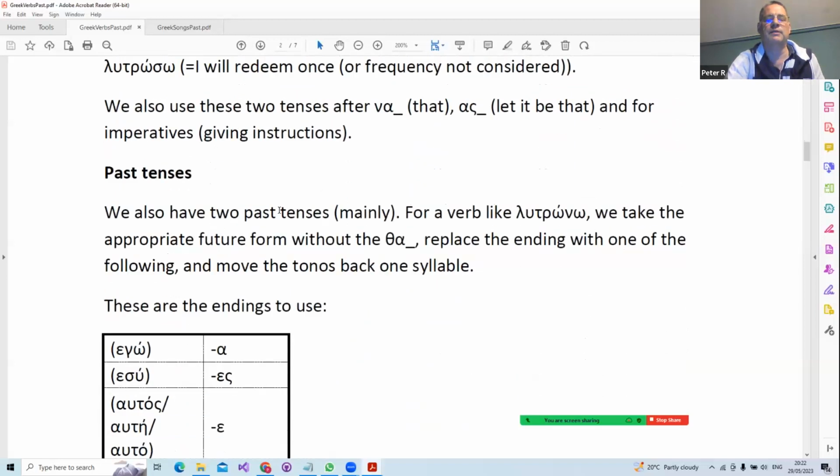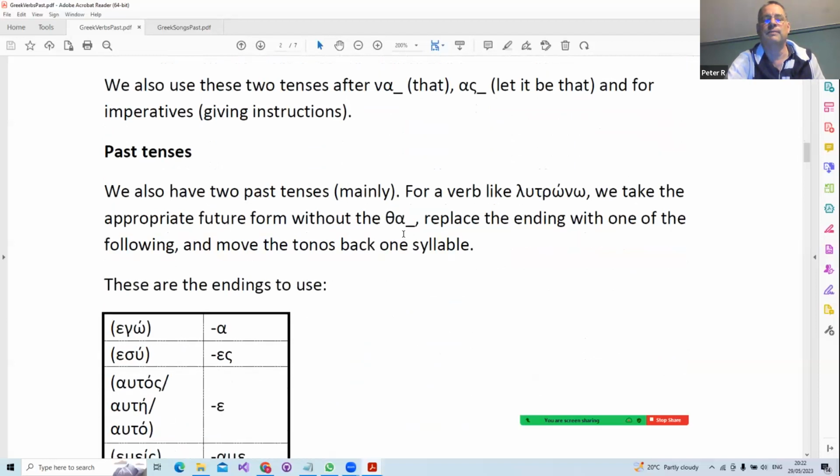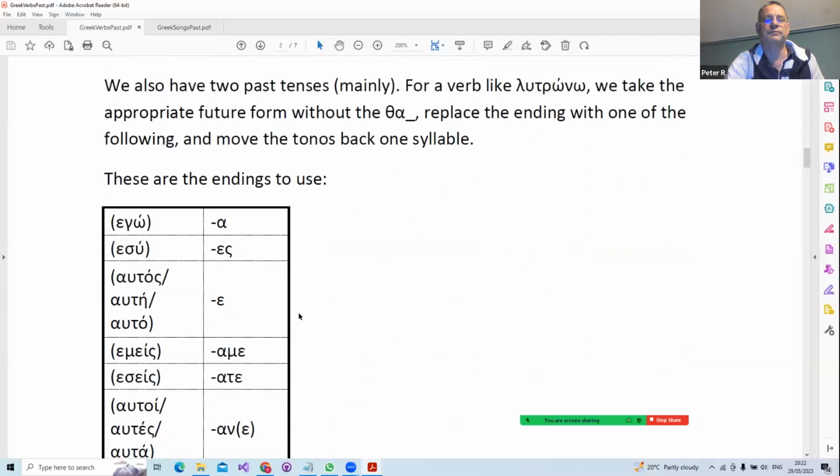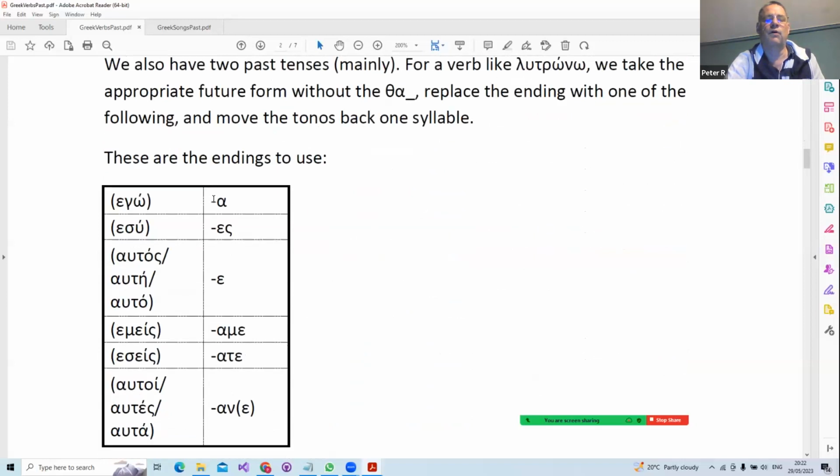Okay, so let's move on to the past tense. Instead of using tha, it would be nice if there was some other prefix we could use like that, and that would just do the past tense. But instead, we have some different endings to do. So instead of o, you have a, es, ame, ate, an, or ane.